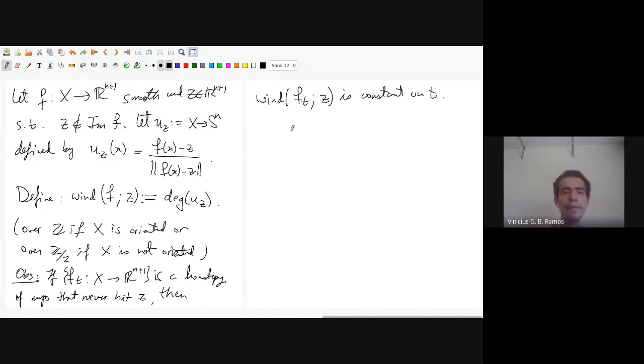Okay, so let's just look at some examples. I think that's kind of nice. I think the most common example is a curve. Think of f as a map from S^1 to R^2, so some curve.